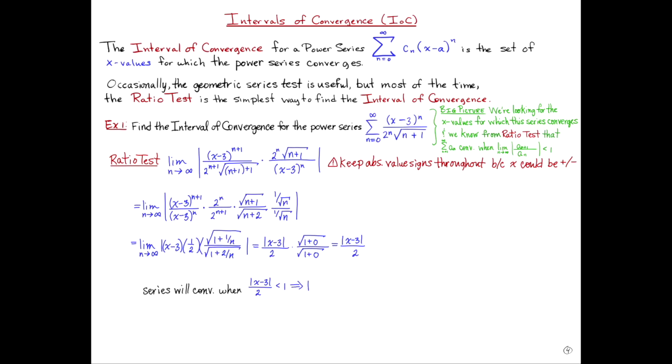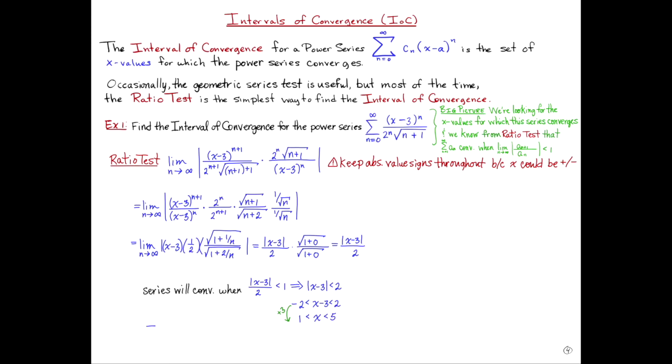The absolute value of x minus 3 is less than 2. To drop the absolute value signs, we can rewrite this as negative 2 less than x minus 3 less than 2. Adding 3 to both sides, we have 1 less than x less than 5.